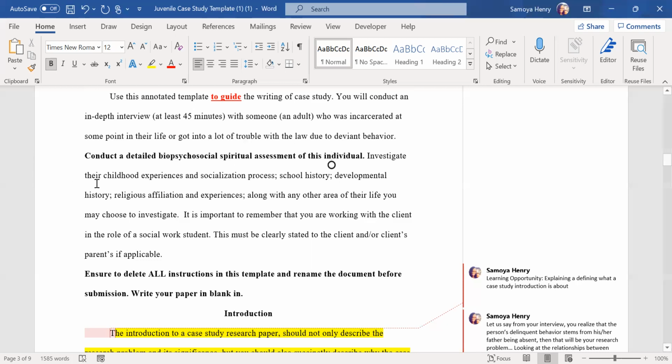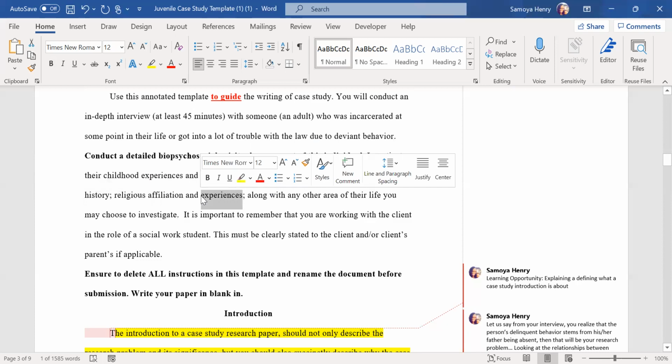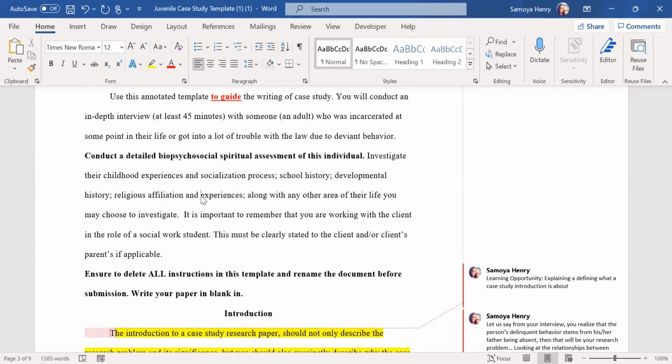And yes, it says childhood experiences, socialization processes, school history, religious affiliation experience. I mean, you can ask those questions and maybe based on the answer, it may not necessarily apply. Maybe they didn't go to church, or maybe they just refuse. I don't want to talk about it, right?